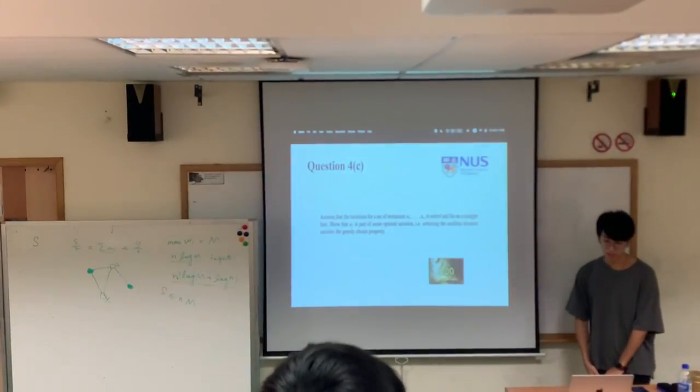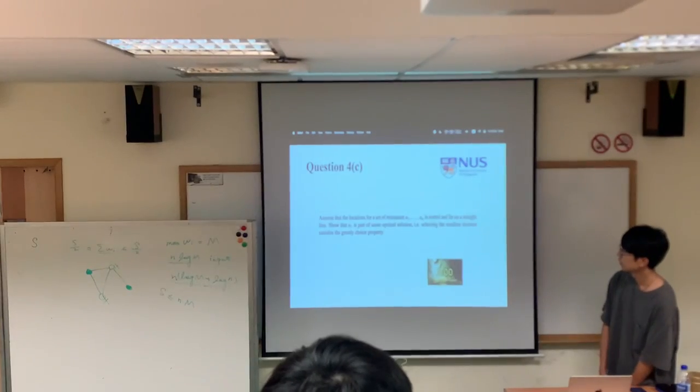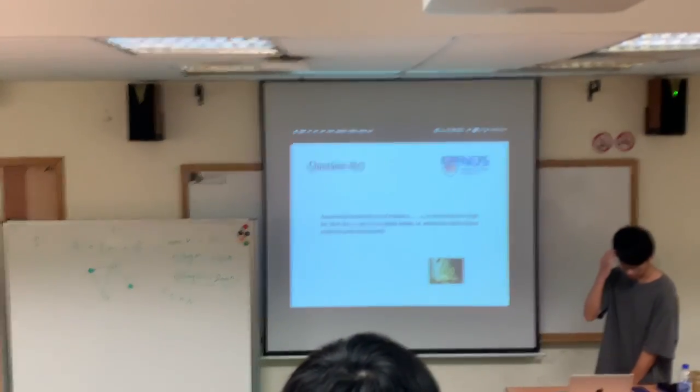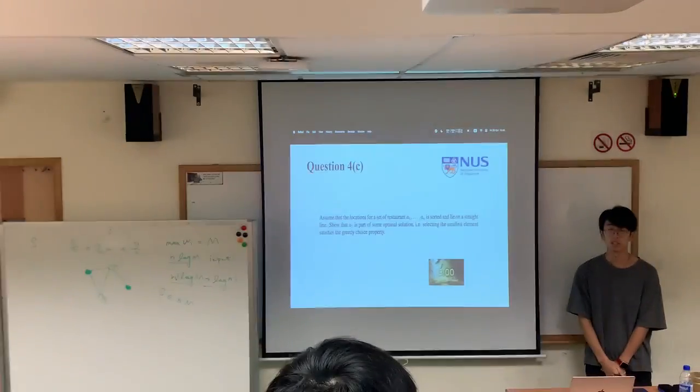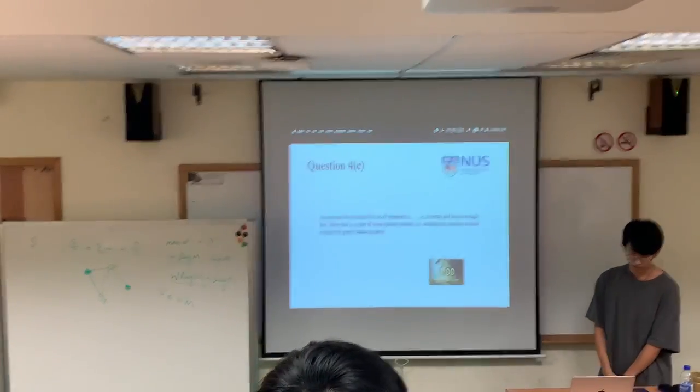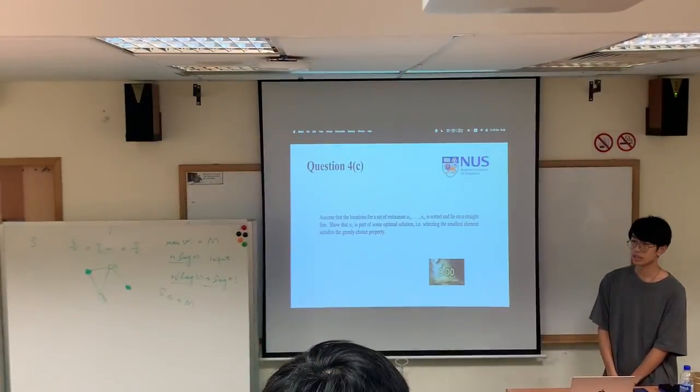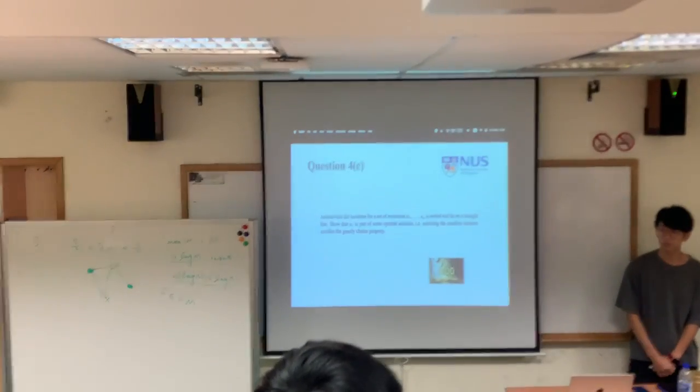So this will be the exact same problem as, if you recall, the last one in tutorial 8, which I think was the optimal scheduling problem using a greedy algorithm.